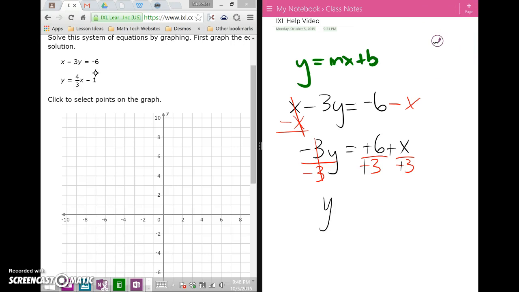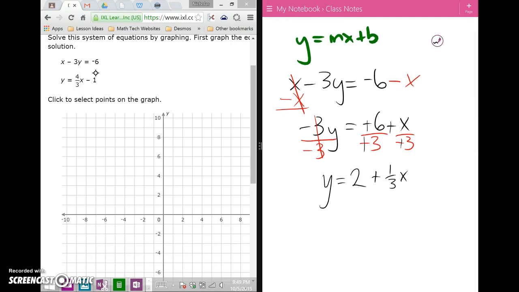So I'm going to go ahead and write my y down here. And 6 over 3 is 2. x over 3 is just 1/3 times x. And just to make sure it's in slope-intercept form and make it easy for us to read, I'm going to rearrange it and make it like this.